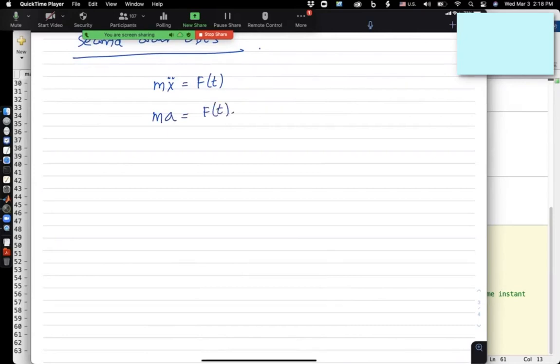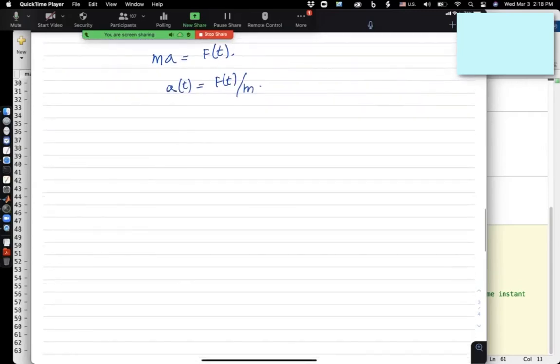This is all it is. And of course we have A of t equals f of t by m. So we of course have dv by dt equals A of t, or basically A.